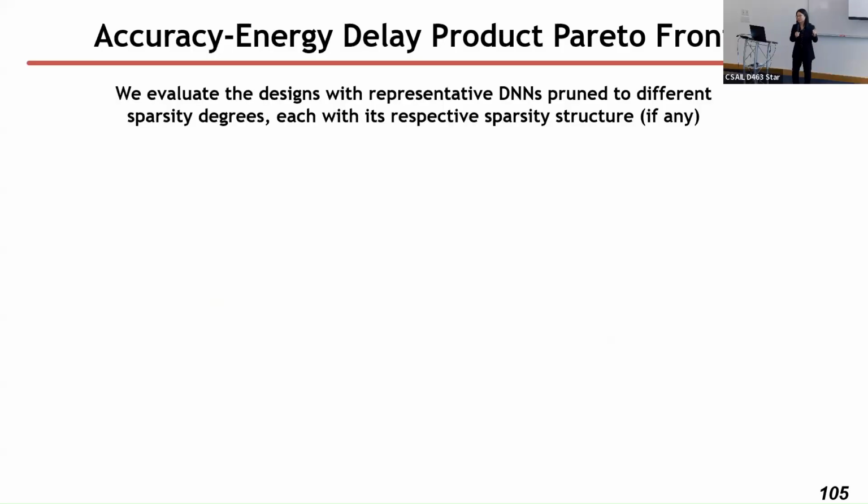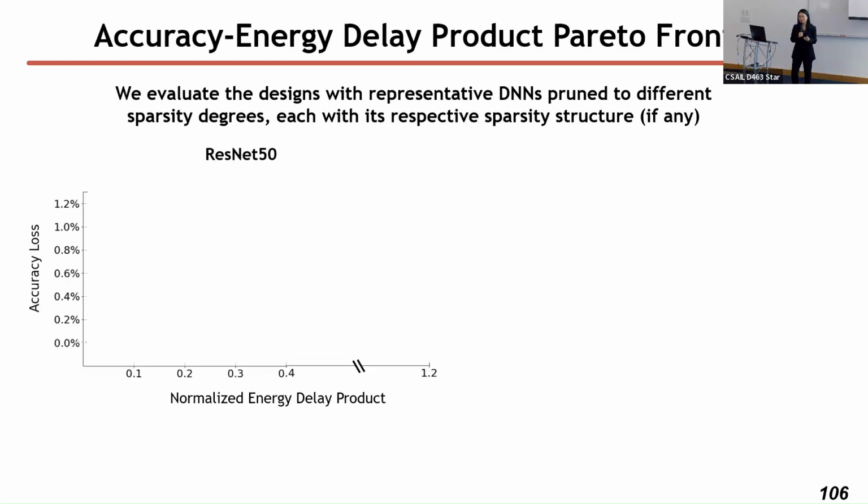What we then want to evaluate is, can we apply the different patterns to real DNNs and look at the accuracy and hardware performance trade-off? Specifically, let's use ResNet-50 as an example. The y-axis is showing the accuracy loss, because we're pruning the network with different sparsity patterns. The x-axis is showing the normalized energy delay product. So we want both metrics to be as low as possible, so we want a point closer to the lower left corner.